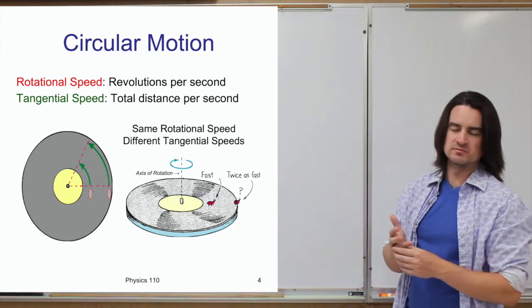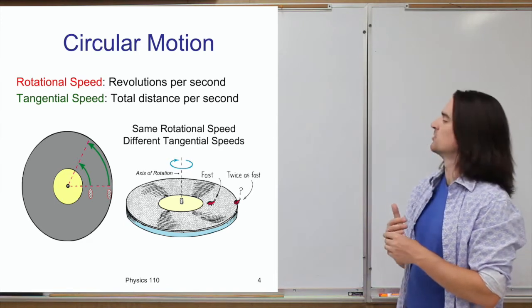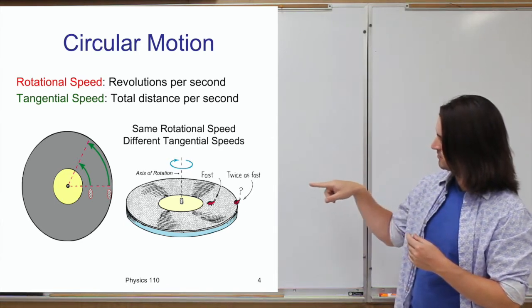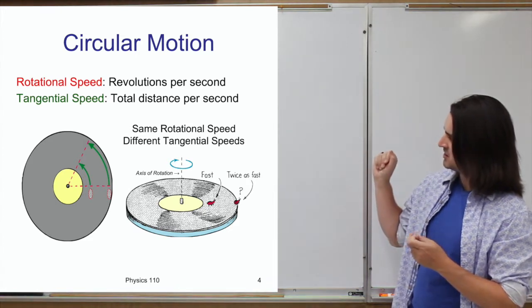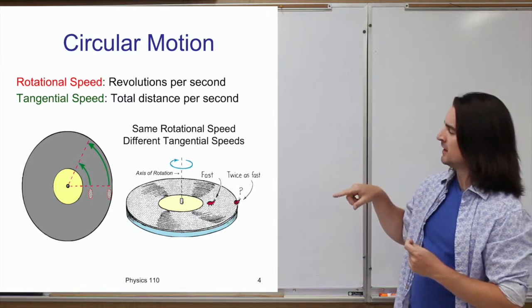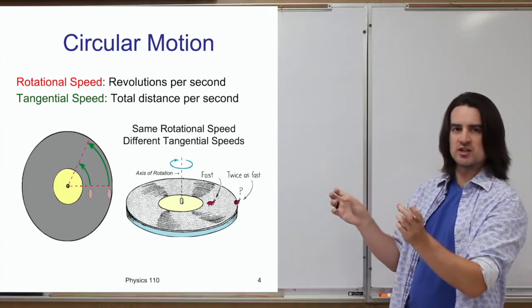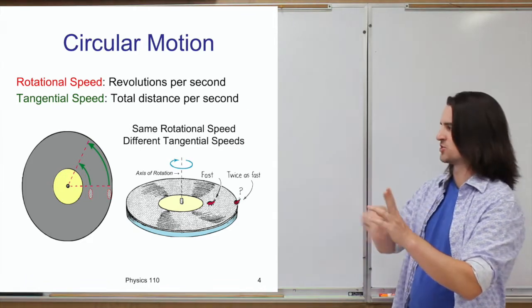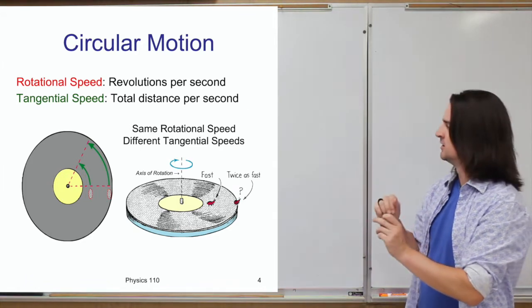Why does that matter? Why do we care about that, or why is it even a thing? Well, if we imagine two insects on a record player, and they're both stationary, they're not walking around the record player, but the record's just rotating.